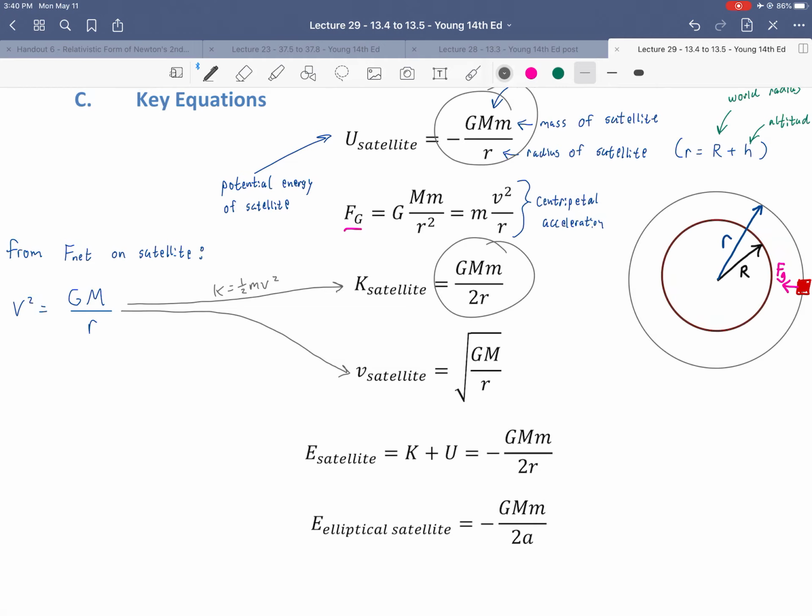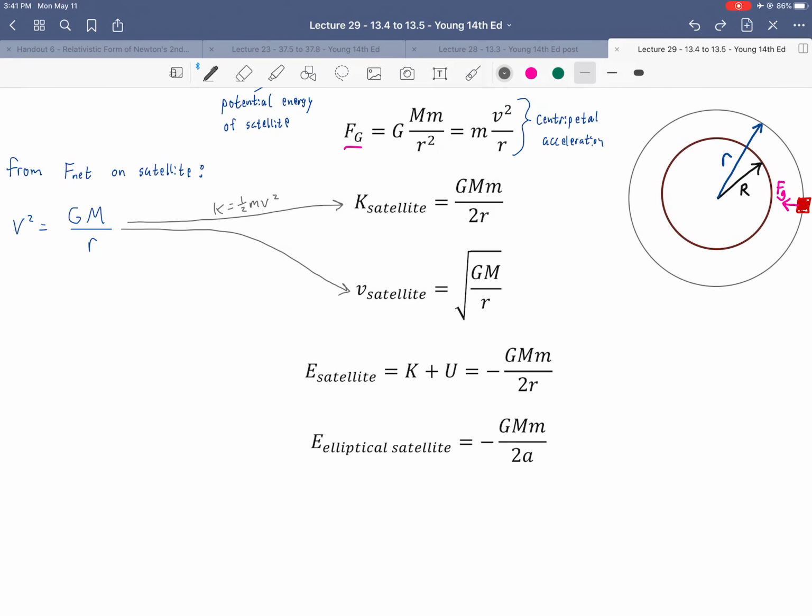So when you add negative 1 plus positive 1/2, you get negative 1/2. This is our positive 1/2, this is our negative 1, and so we're left with negative 1/2. Neat, right? So the total energy of the satellite is negative.